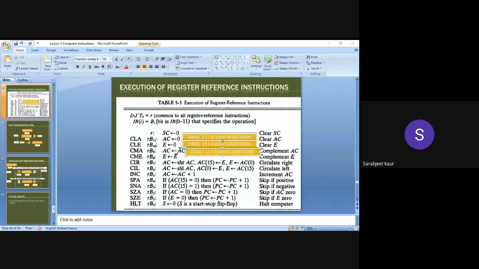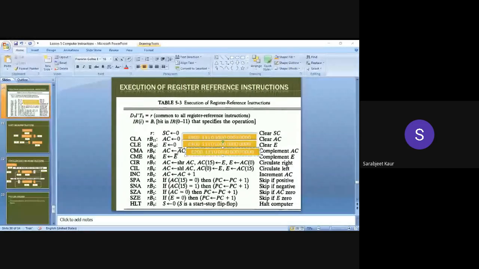It is an extra flip-flop that we assume is attached to the accumulator, if you remember. It is generally used to store the overflow, and as you will see in some operations such as circular right and circular left, we again make use of this E bit. So CLE means simply clear the E bit to 0.